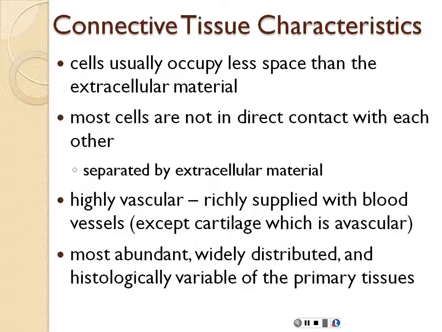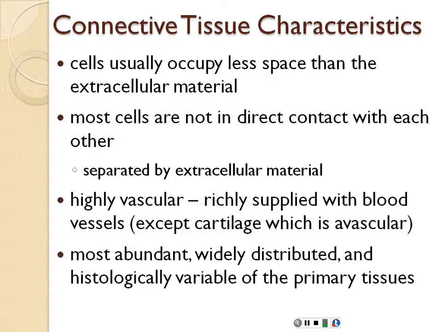Same stuff. And then you have vascularity. So what did we say about the vascularity of epithelium? So epithelium was avascular. What about connective tissue? So connective tissue is vascular, in fact, highly vascular, richly supplied with blood vessels.